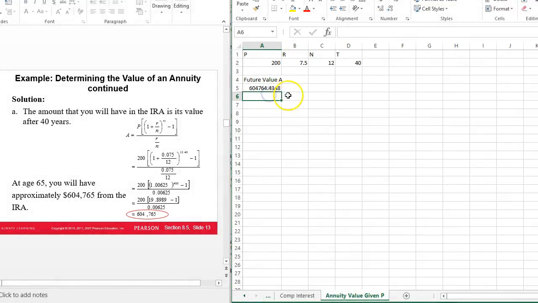You don't have to do that. I would still round to the nearest cent. And then if the problem asks you the nearest dollar, you could just round it with your eyes. So I would write here, write equals round, double click, click the number, comma, 2 places. Okay.